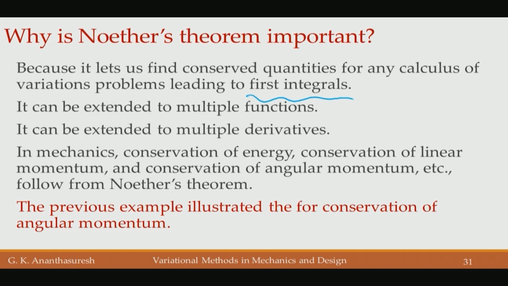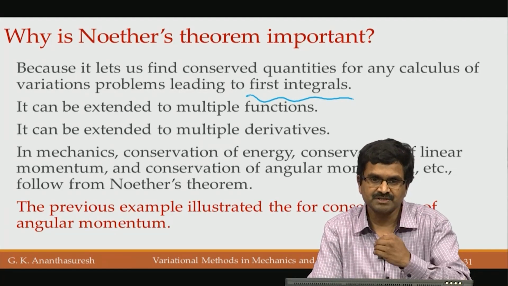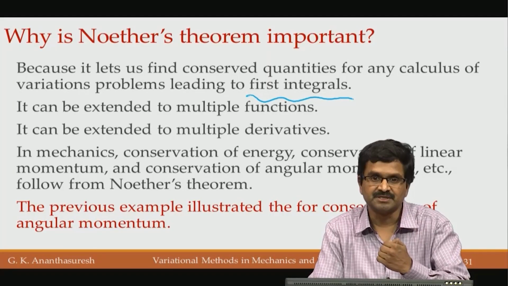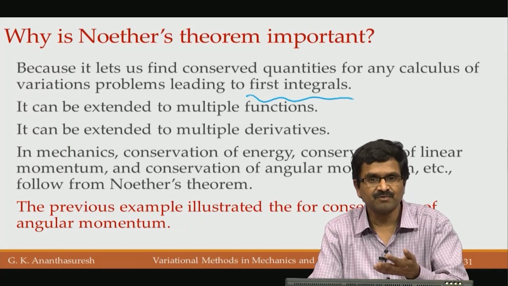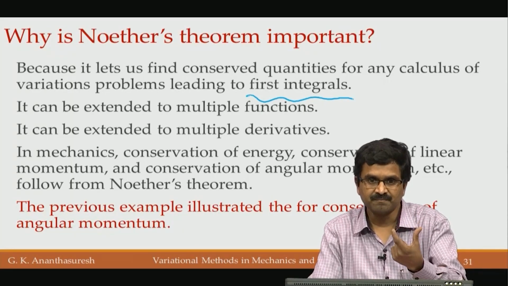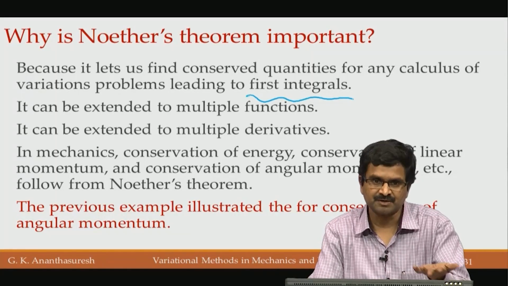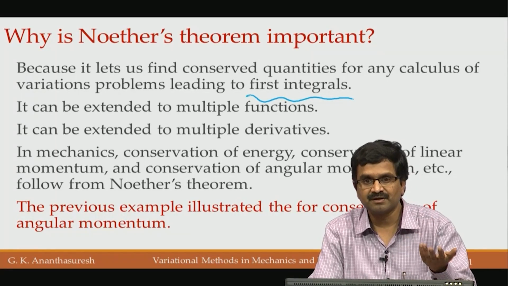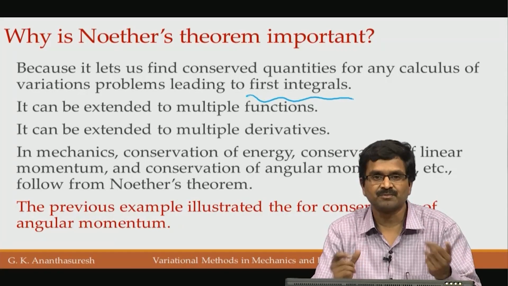If you have x, there will be d square x by dt square. When you have a first integral, you reduce it to dx by dt. Momentum and angular momentum have only velocities, because linear momentum is p and angular momentum is p cross r. So, in terms of only velocities, you are not finding the second derivative with respect to time. So, you already solved part of the problem.